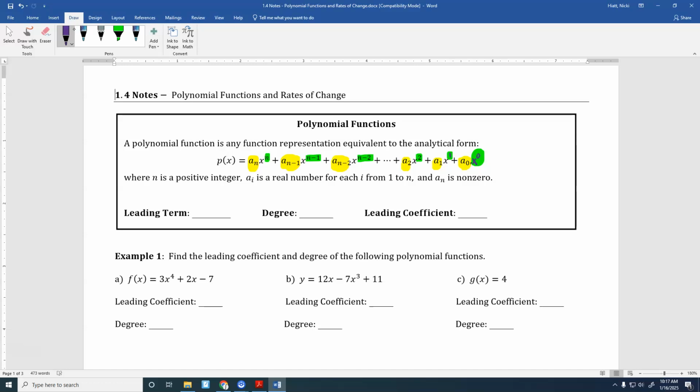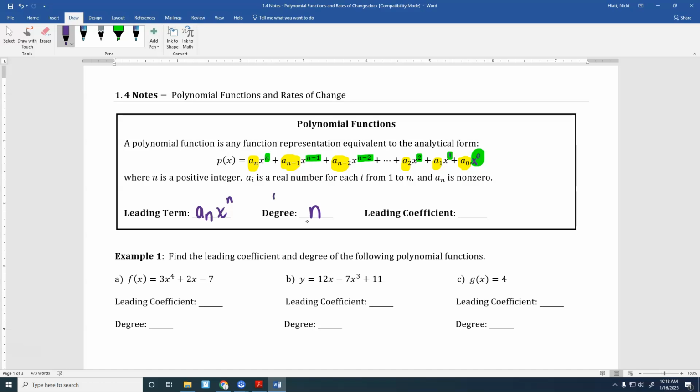So with what we're given here, our leading term would be a sub n x to the n power. It is just your term with the highest exponent. And then your highest exponent is called your degree. So whatever that n value is, that's your highest exponent.